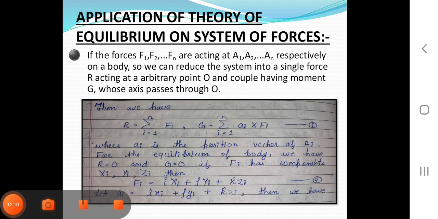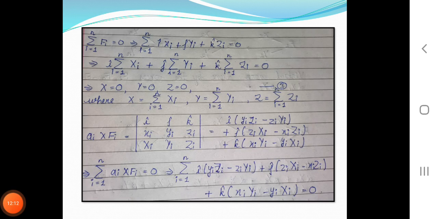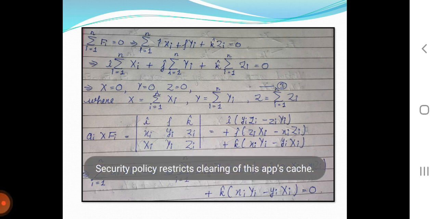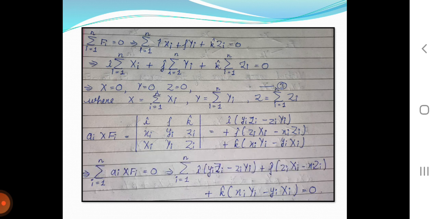Then after substituting the values, we get summation i equals 1 till n Fi equals 0, which implies summation i equals 1 till n of i cap Xi plus j cap Yi plus k cap Zi equals 0, which implies i cap summation i equals 1 till n Xi plus j summation i equals 1 till n Yi plus k cap summation i equals 1 till n Zi equals 0.